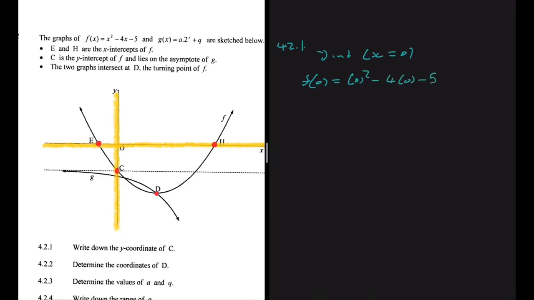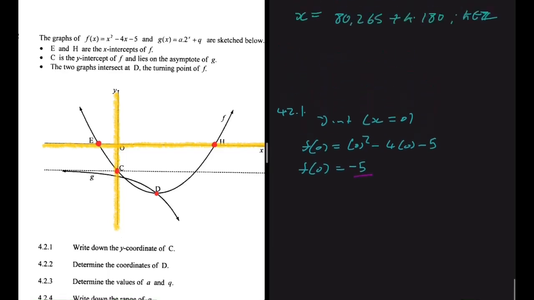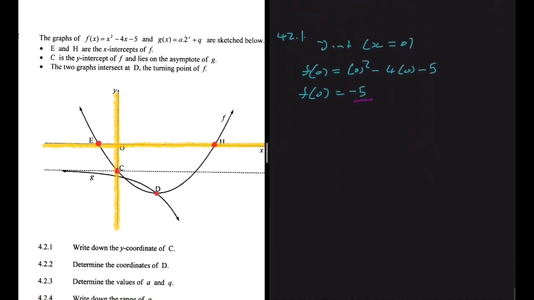So it should be easy to see here that f of 0 is going to be equals to minus 5. So the y coordinate of C is clearly minus 5, because that's what we get when we let x be equals to 0. And then the next question, 4.2.2, let's determine the coordinates of D.